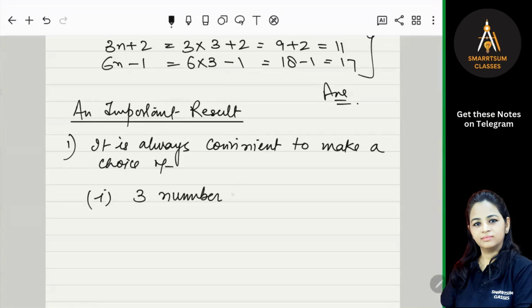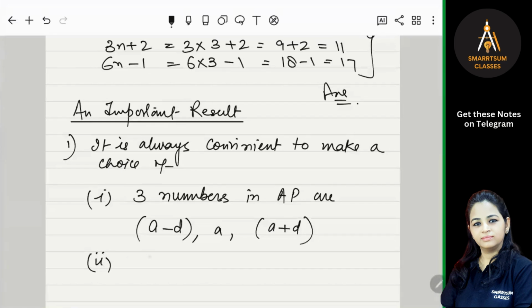So what should be your choice? They should be a minus d, a, and a plus d. Always take these 3 numbers. If you are taking 3 numbers in the AP, then always choose a minus d, a, a plus d, right?